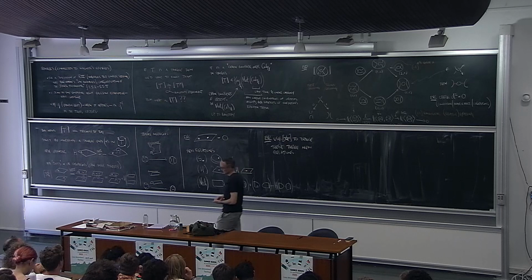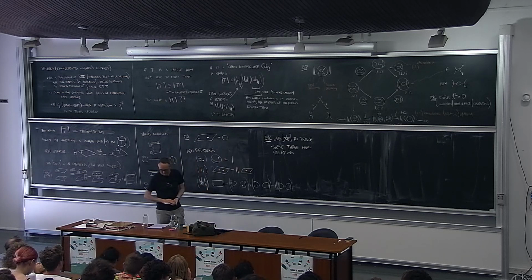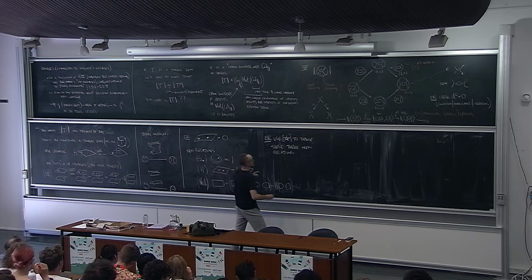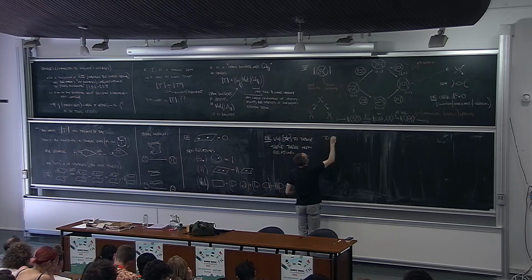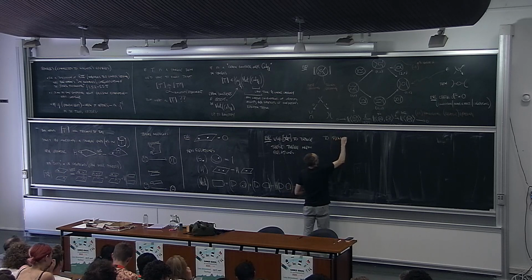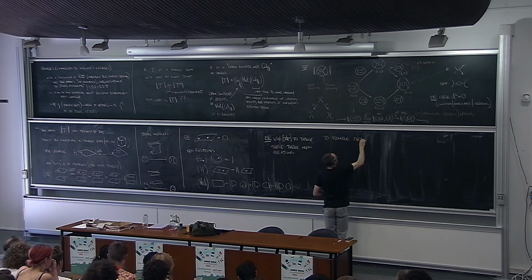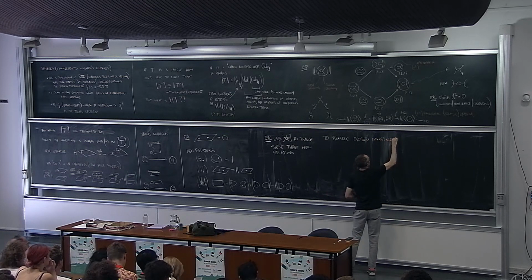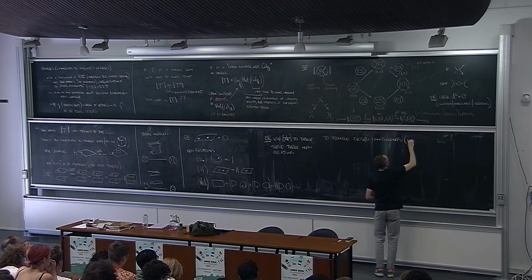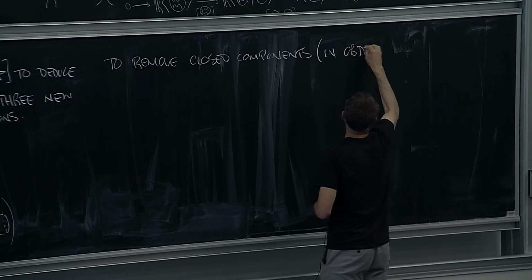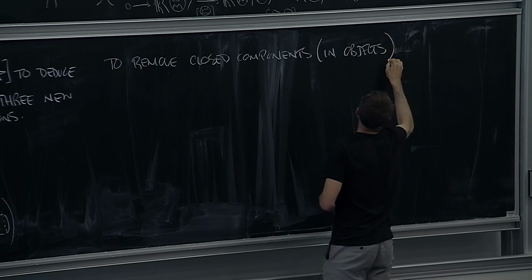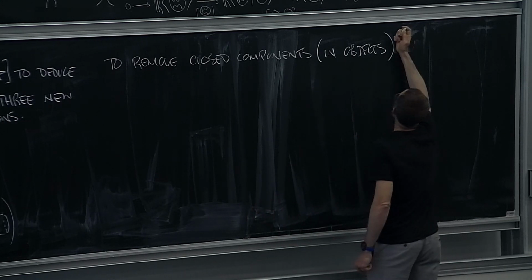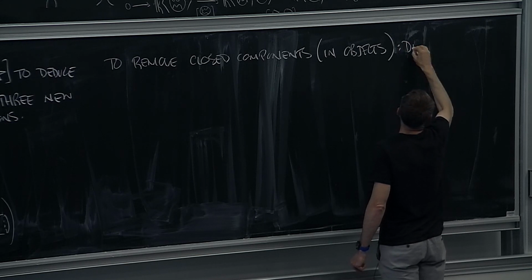Okay, so now we want to remove closed components. This is what Bar-Natan calls delooping.